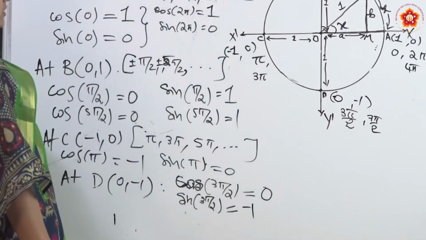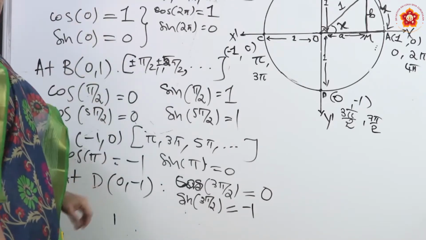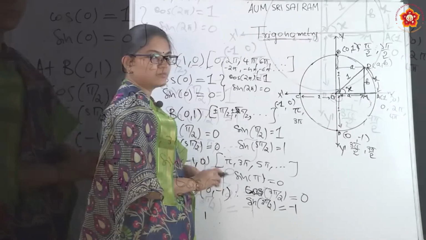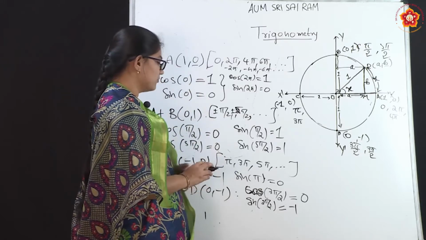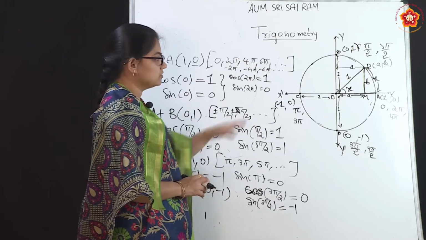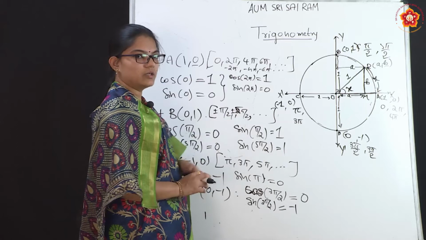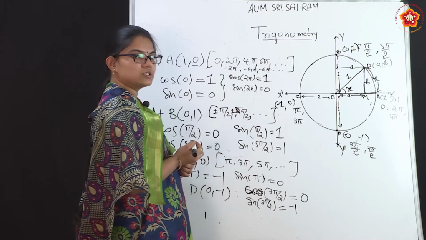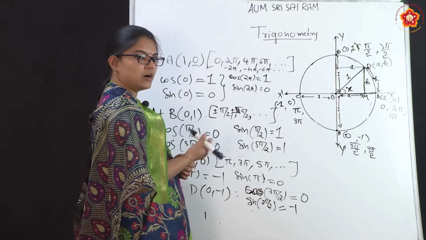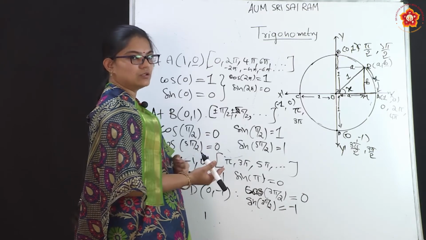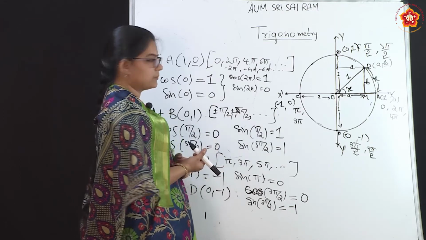So that's how we can find the values of sine and cos by using the points. With respect to the position of the points, we get the angle. That's how we get the cos and sin values for the particular x.